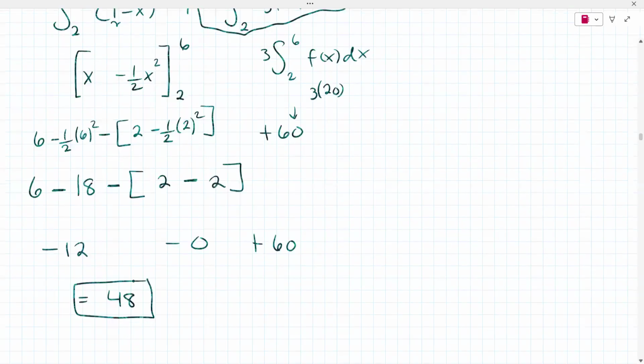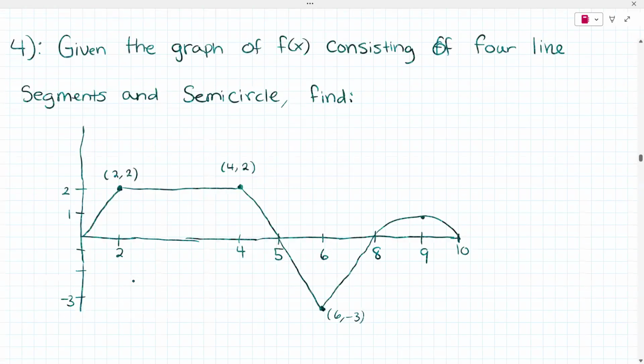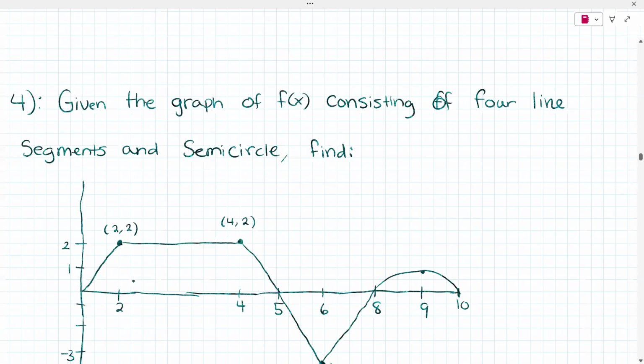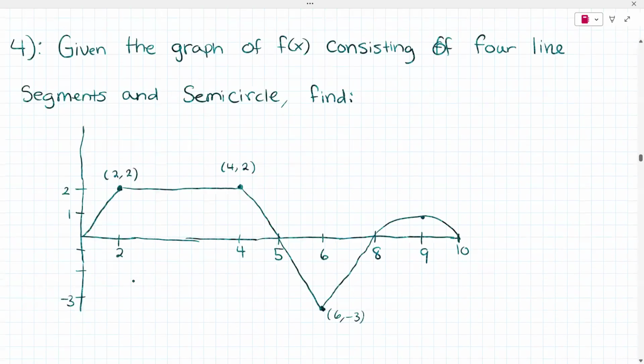Okay, let's move on to 4. Okay, so this time we are given the graph of f of x consisting of 4 line segments and a semicircle, right? We have 4 line segments, 1, 2, 3, 4, and then there's half of a circle, right?